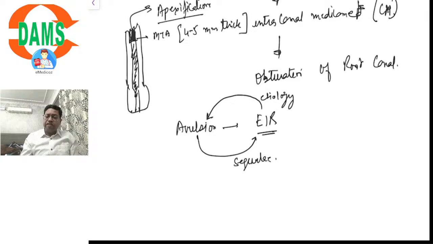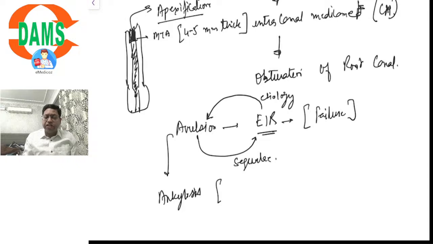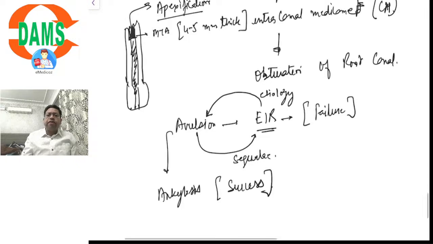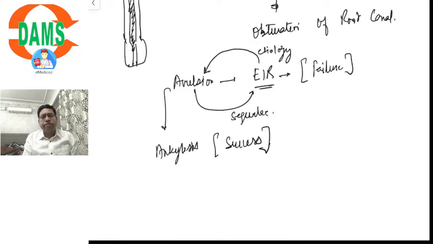This external inflammatory root resorption is considered a failure of avulsion management. If ankylosis occurs after avulsion and replantation, it is considered a success. So there are different questions related to these. Read the questions properly and then answer them accordingly.